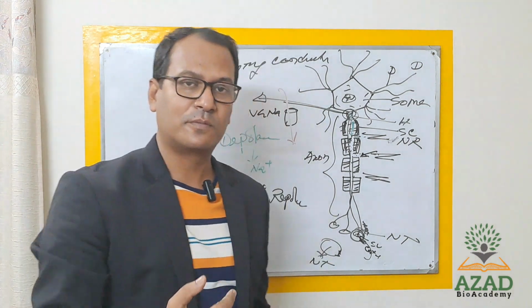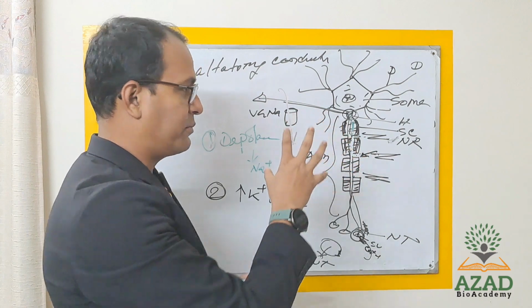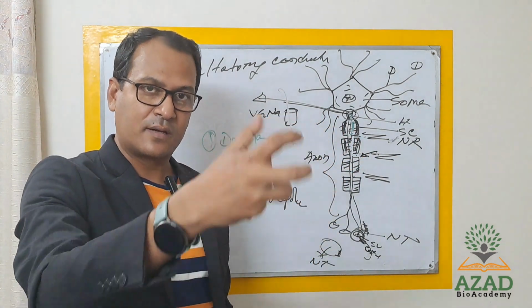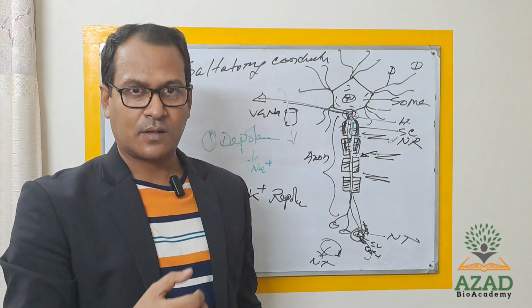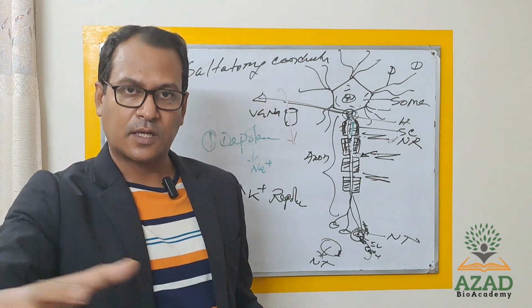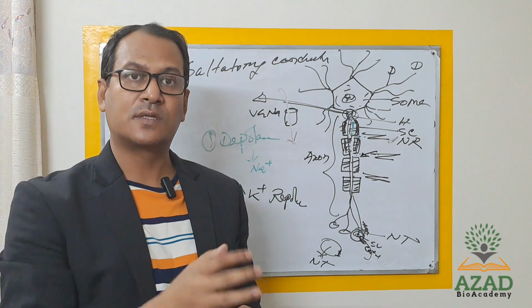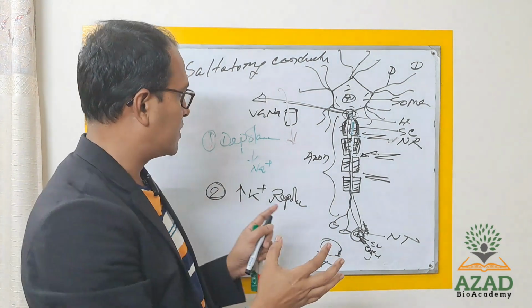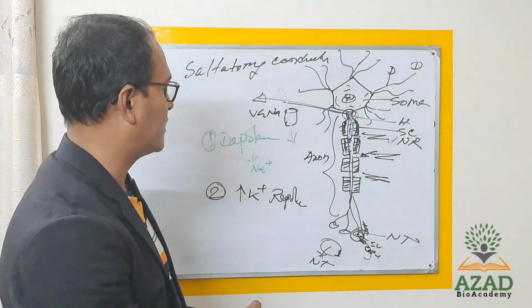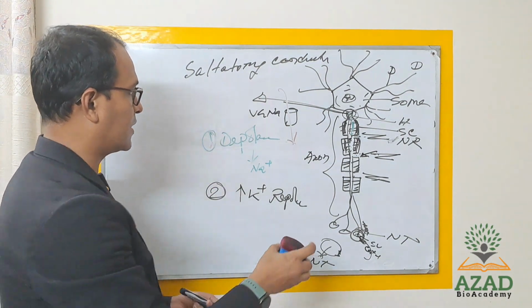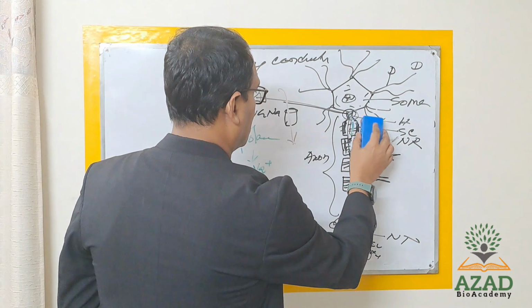Such type of neurons, you can say some pain conduction, pain sensitive nerves, thermal sensitive nerves, some sensory nerves, are basically unmyelinated. And in that unmyelinated nerve there is no myelin sheath.